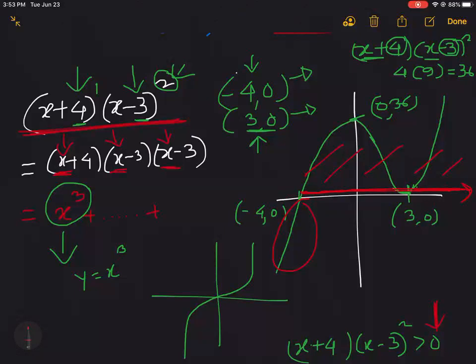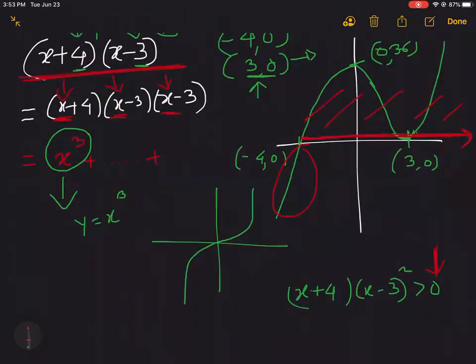Okay, so first of all, you won't be asked to draw this type of graph. But if you want to draw the graph, the best idea is to draw the graph for the function first, then set up the inequality. This will be easier to draw. But of course, if you want to go straight to the inequality, and you know how this graph behaves, you can always eliminate the part which is out of your inequality.